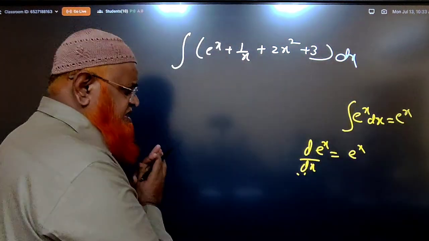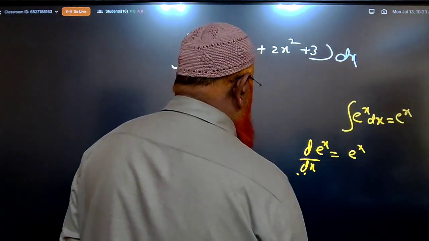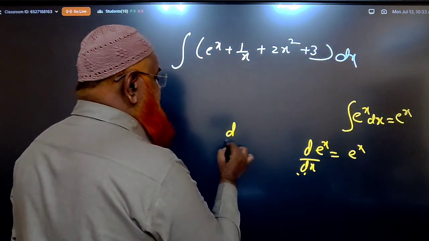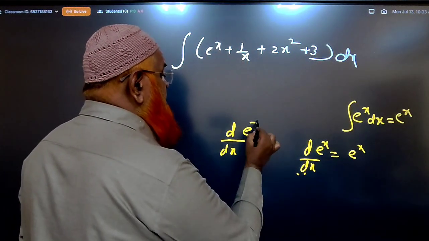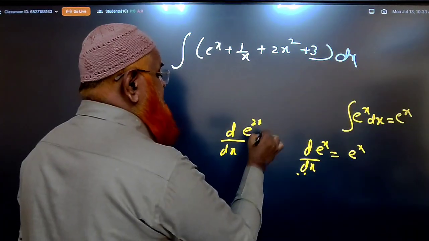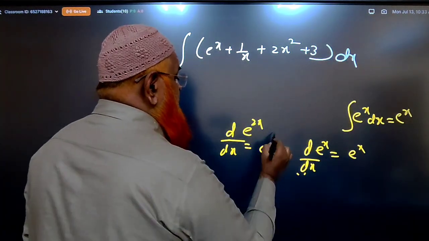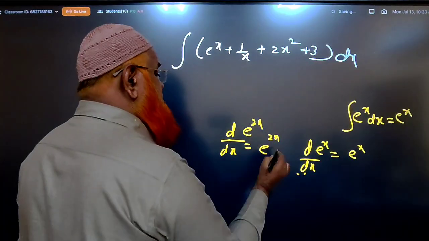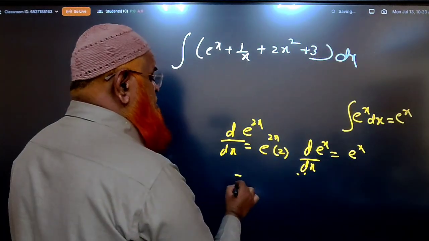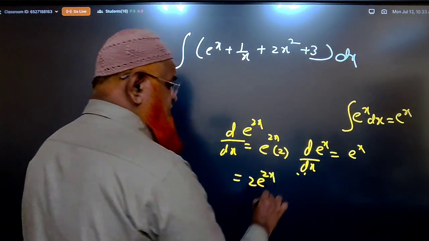But some changes are there here. For example, if it is the differentiation of e power 2x, for example when 2x is there, what will you write now? E power 2x as it is, and 2x you will differentiate separately, 2 is left, so you will write 2 e power of 2x.